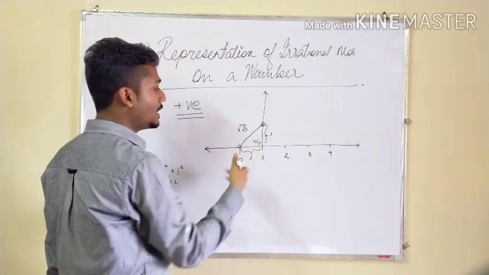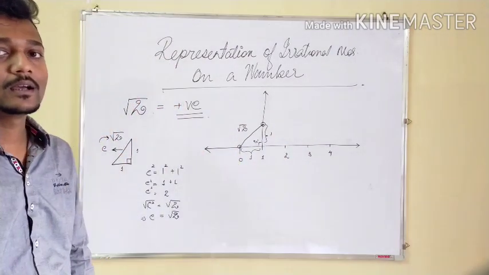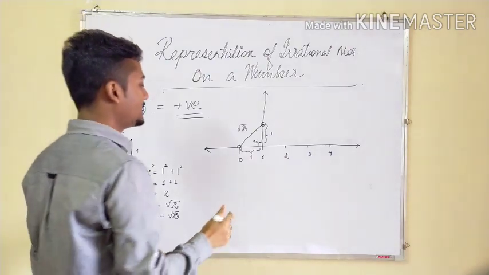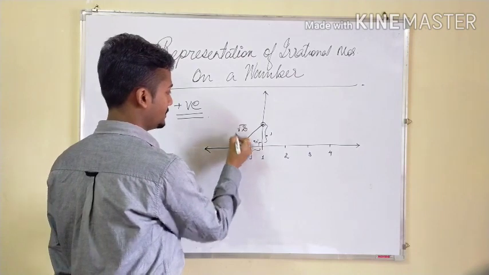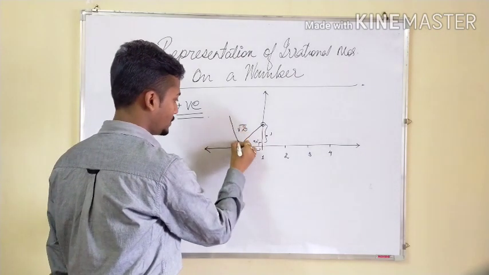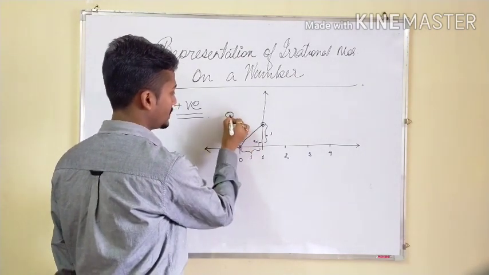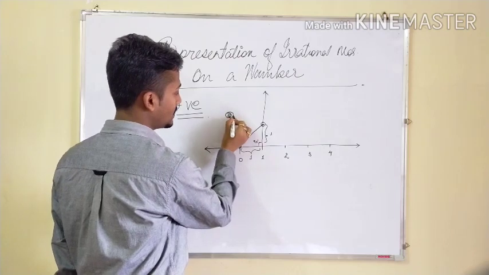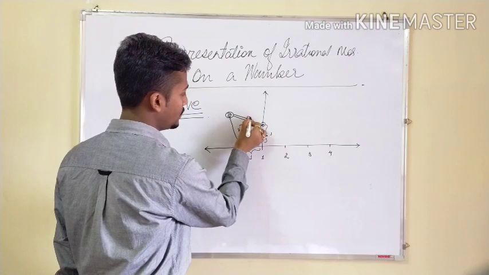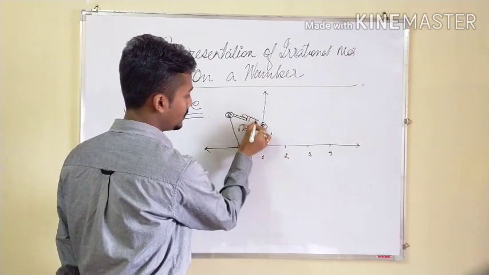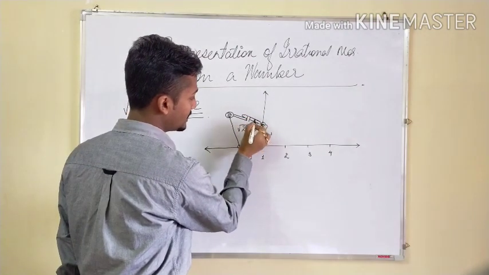Is that clear? Now what I will do, you have to take a compass and pencil, and you have to place the compass here. This should be the position of your compass. I am not using a compass here, so I am drawing one. I hope you will understand.